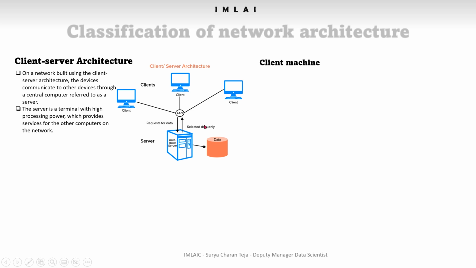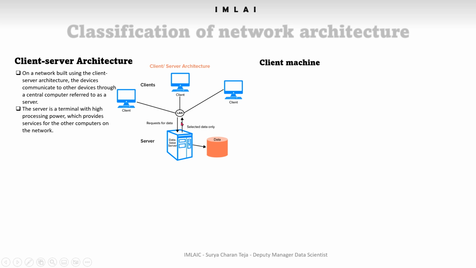The server is a terminal with high processing power, which provides services for the other computers on the network, and those other computers which take the services from the server are known as client 1, client 2, client 3.